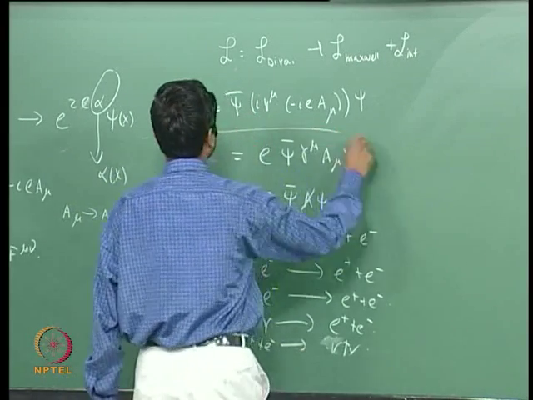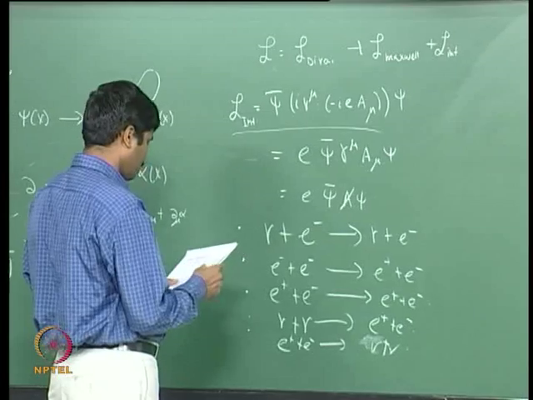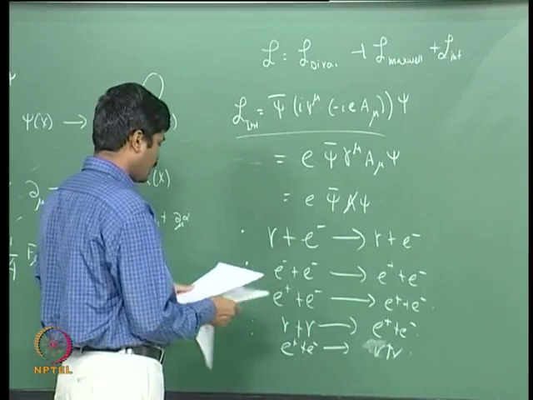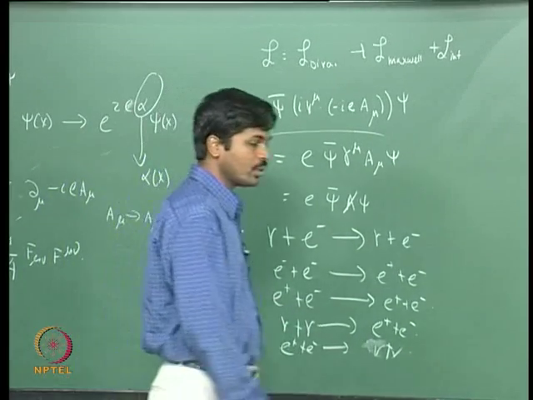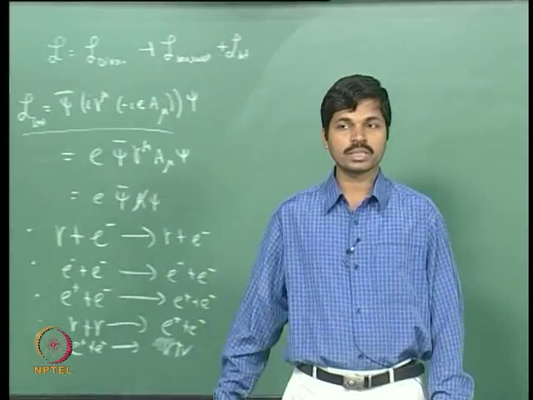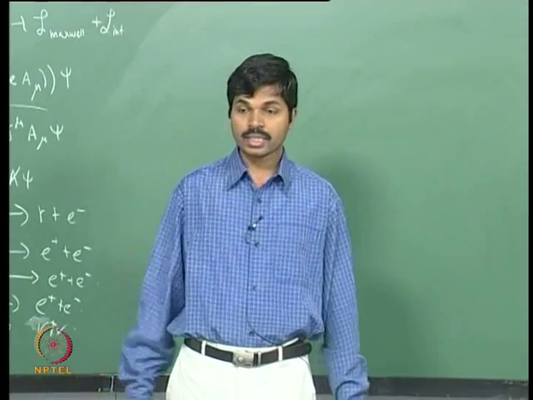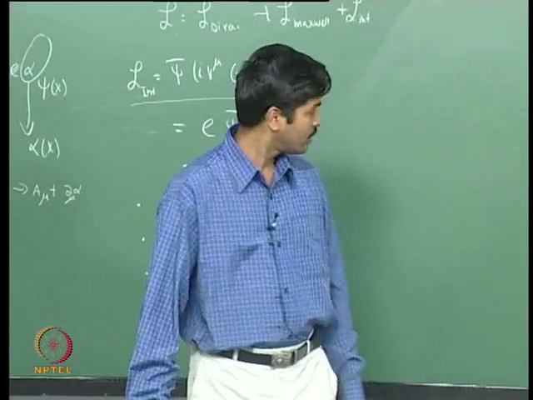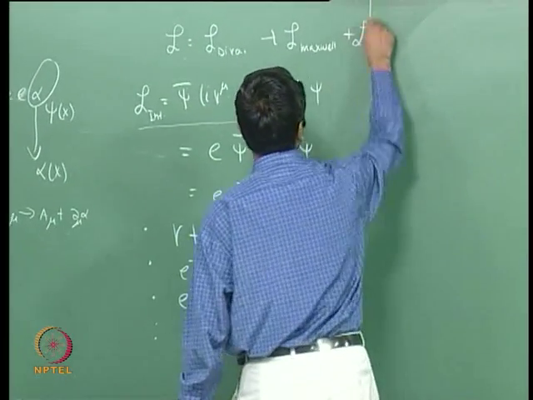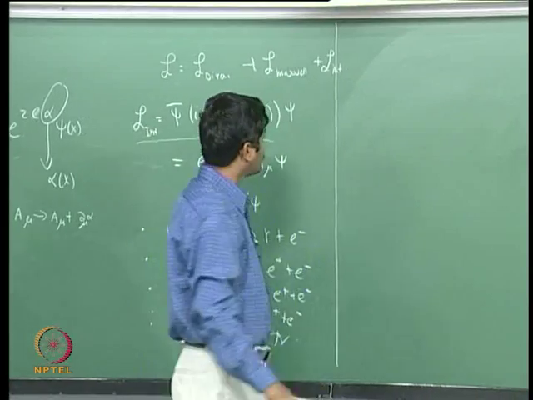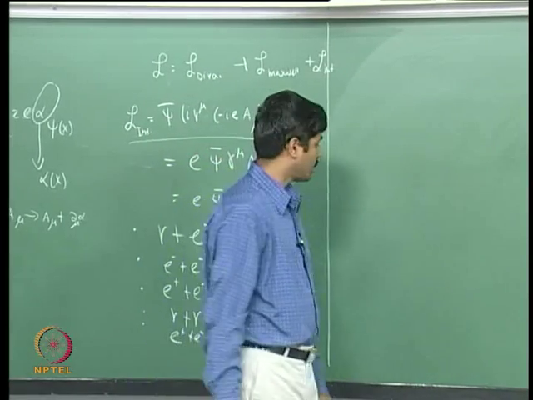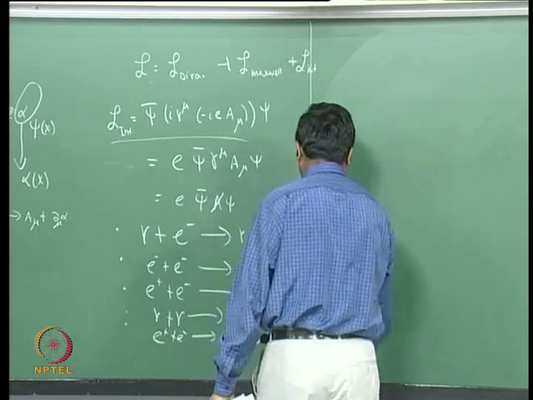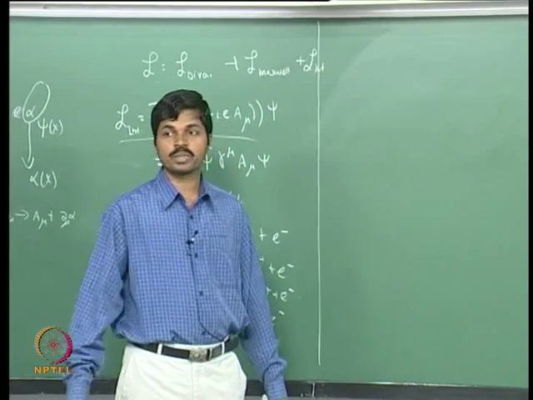But before that, to consider any of these physical processes, what we need to know is what the S matrix is, what its elements are, and which terms in the S matrix contribute to which physical processes.